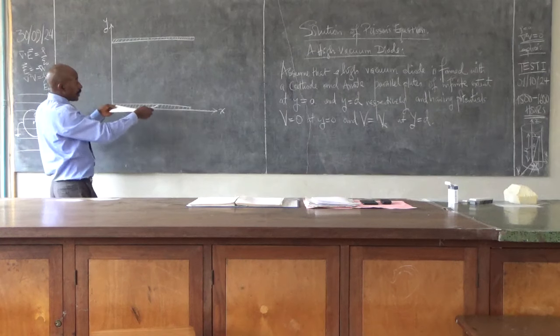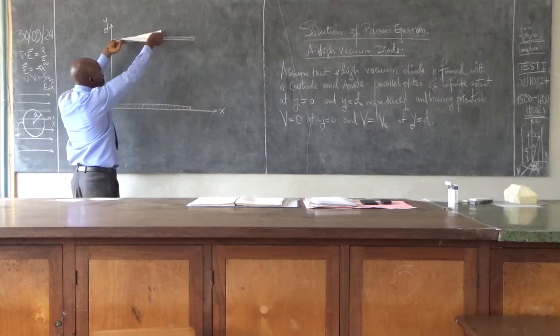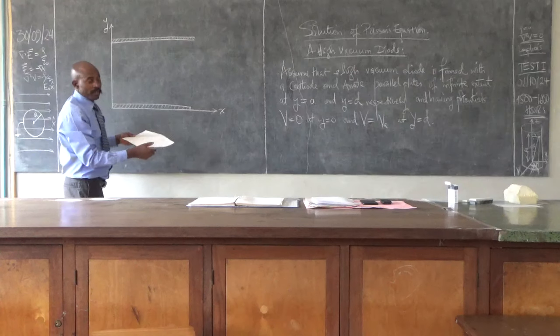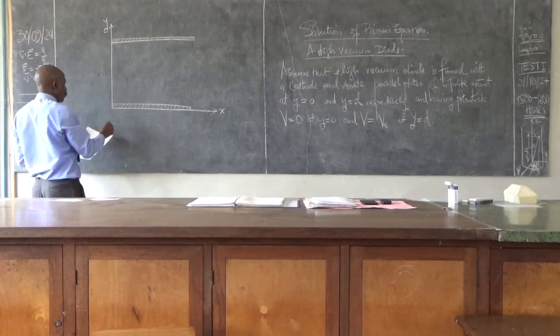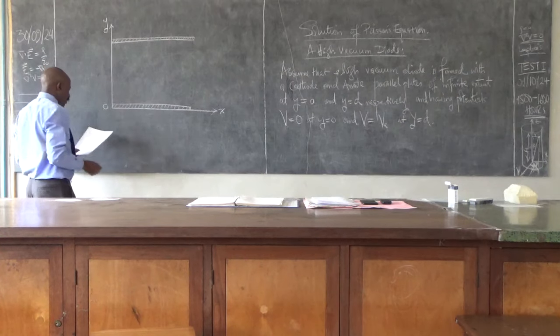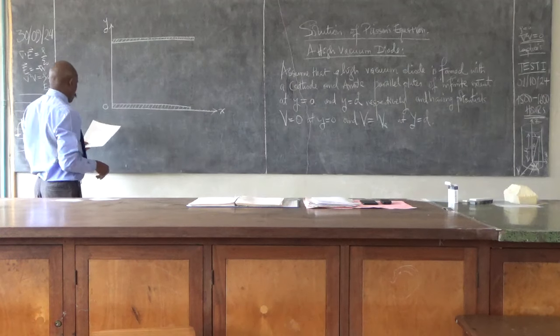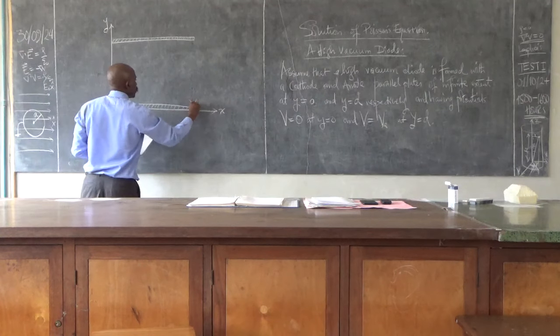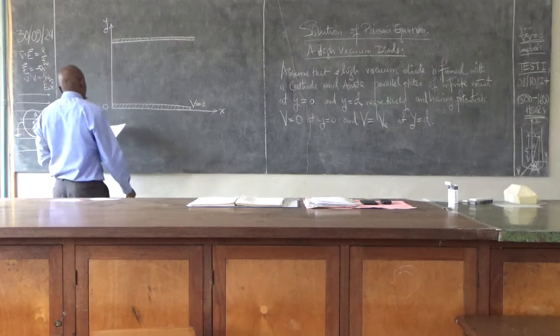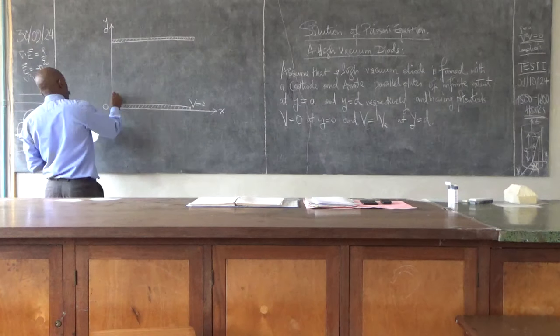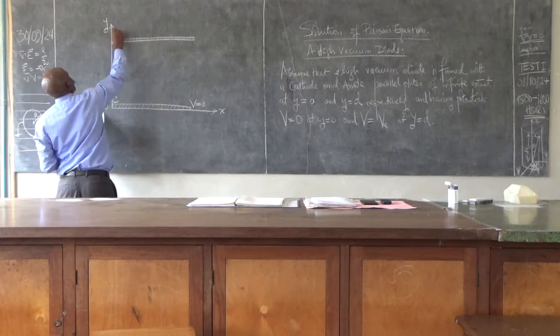So we have plate A, plate B, and one of them is the cathode. At y equal to 0, we have this at a potential equal to 0, and we shall call this the cathode, and this one is the anode.